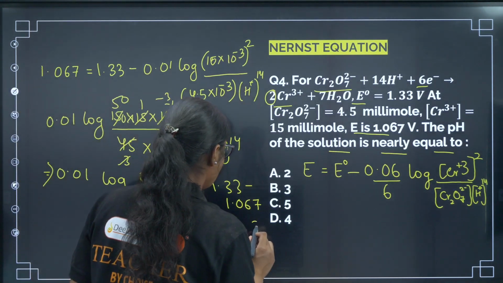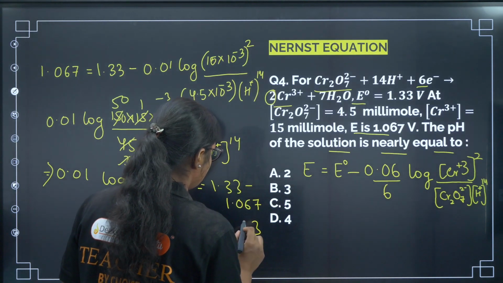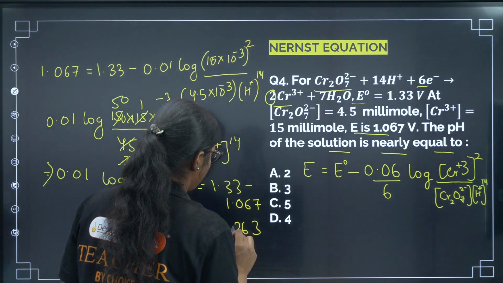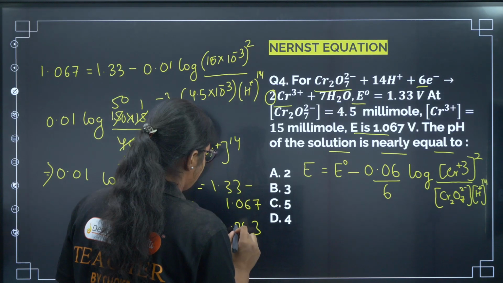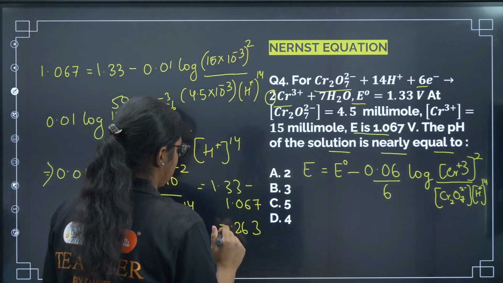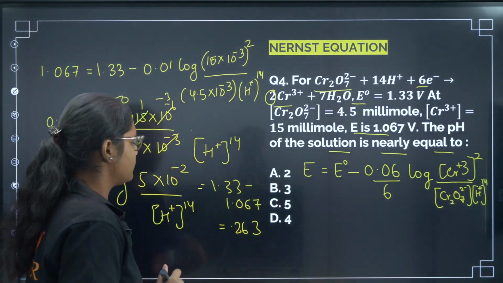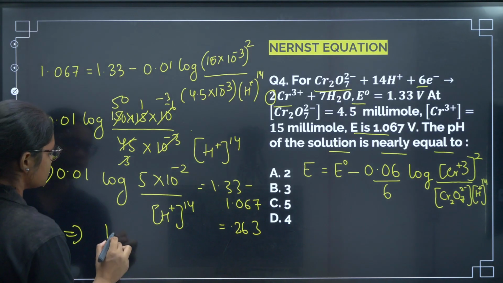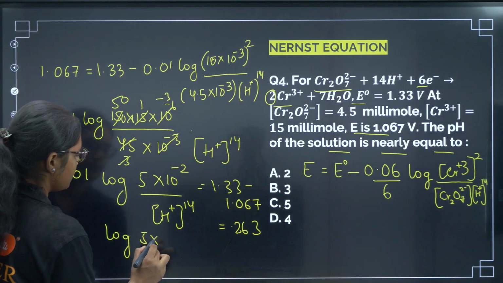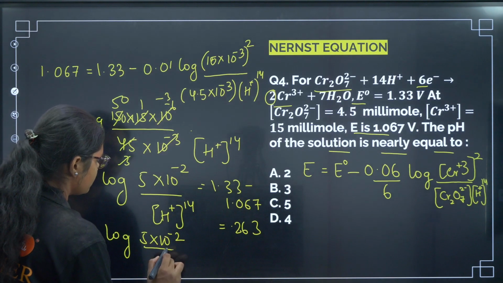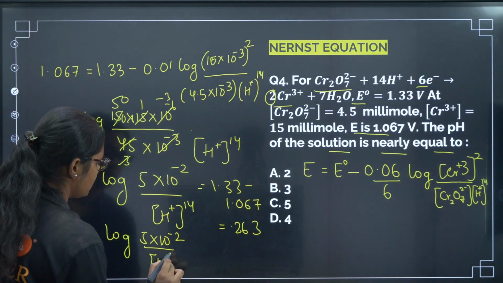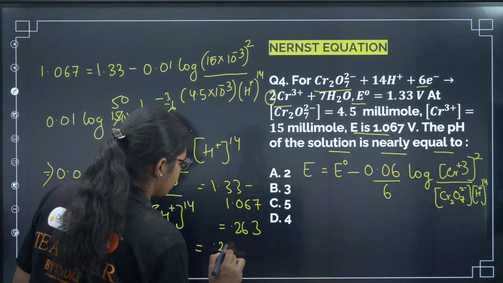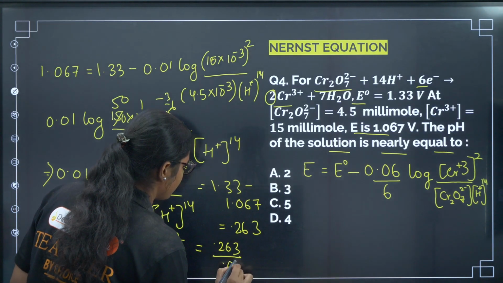So we can solve it. Okay, so we'll get 0.263 around. Now you can divide this on this side. So we'll get log of 5 into 10 to the power of minus 2 by H plus to the power of 14 is equal to, this one you can divide on this side, 0.263 divided by 0.01.